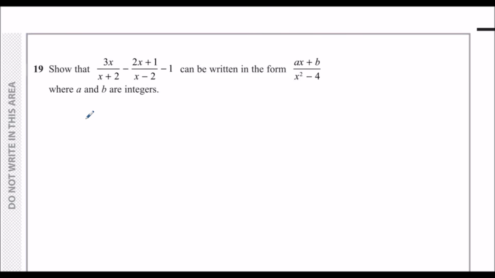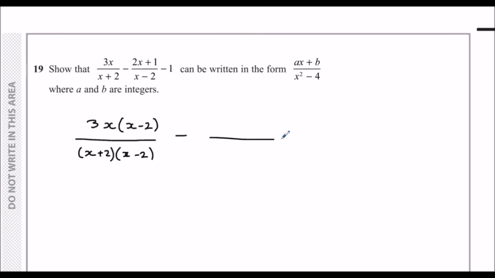So for our first fraction, we've got 3x over x plus 2. We're going to make the denominator x plus 2 times x minus 2. So if we multiply the bottom by x minus 2, we need to multiply the top by x minus 2 as well.